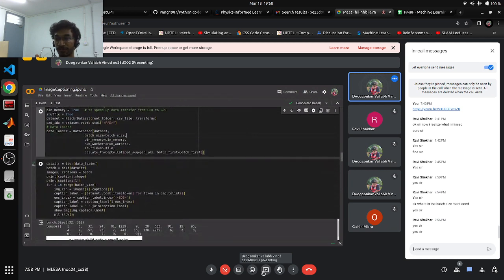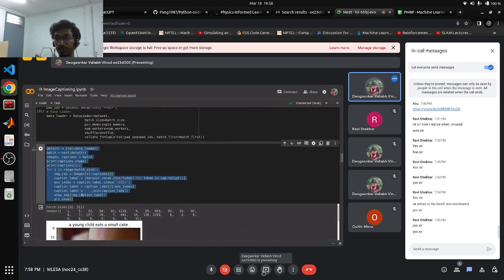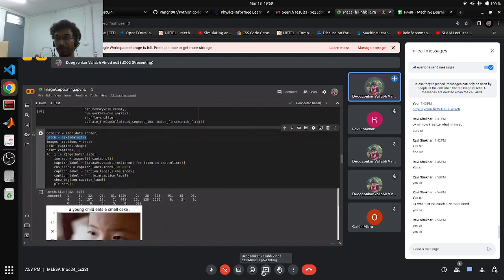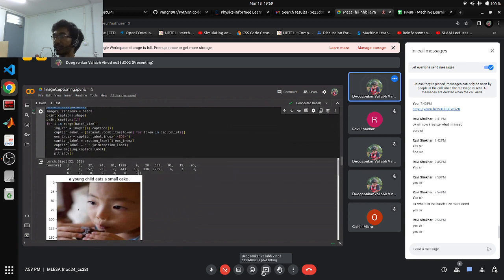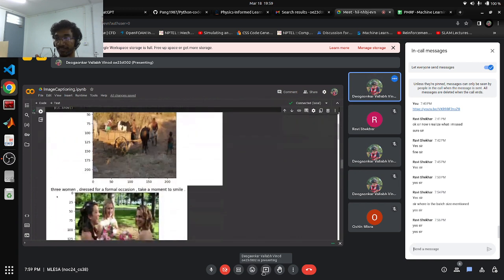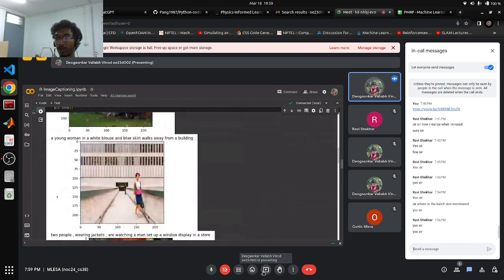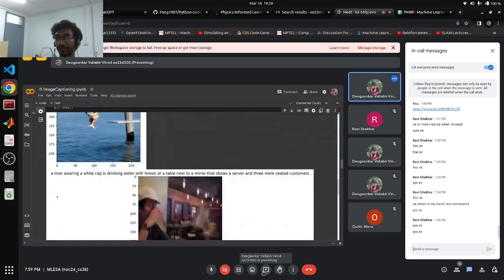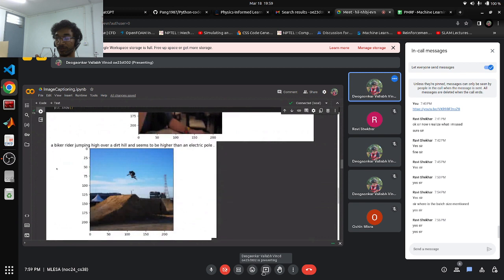So this block is just for you to see what is happening. Using this, I am taking only one of the batches and I'm showing you what all is present in that batch. So all of these images that you are seeing with their captions belong to one batch. So this particular image has a bike rider.